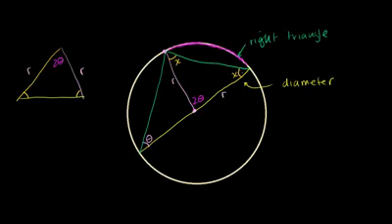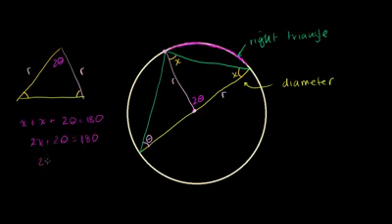So what is x going to be equal to? Well, x plus x plus 2 theta have to equal 180 degrees. They're all in the same triangle. So let me write that down. We get x plus x plus 2 theta equal to 180 degrees, or 2x plus 2 theta is equal to 180 degrees.